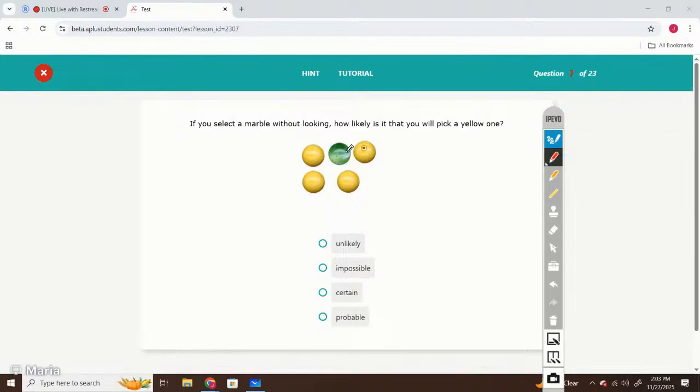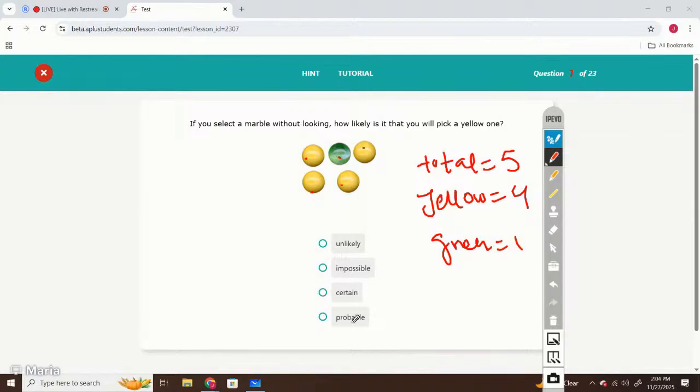We have 1, 2, 3, 4, 5 marbles. So in total we have 5 marbles. Four of them are yellow and we have only one marble that is green. So that means it is probable when you are going to select the marble without looking, you will select the yellow.